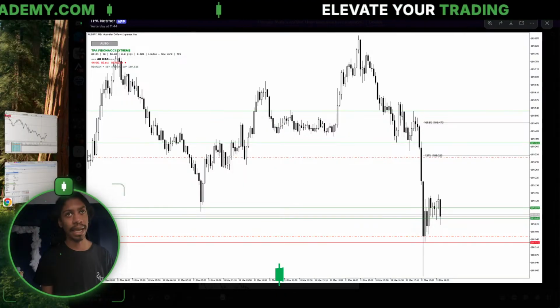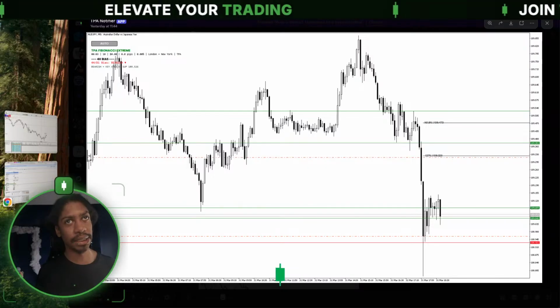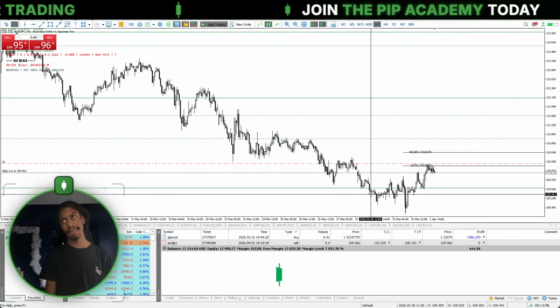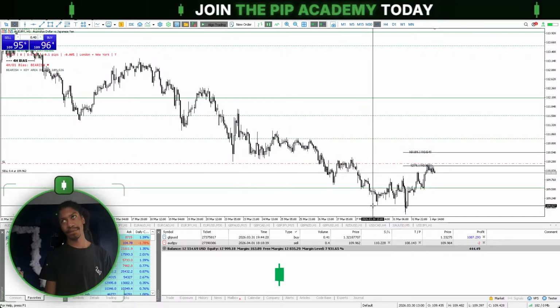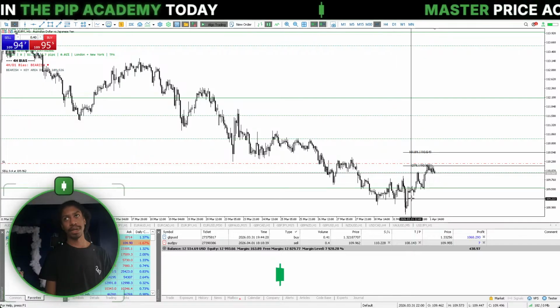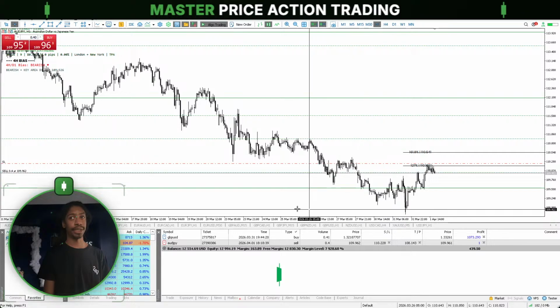We bought at 109.05 essentially. Right around here. We bought that back to the upside. Cleared pretty nice.